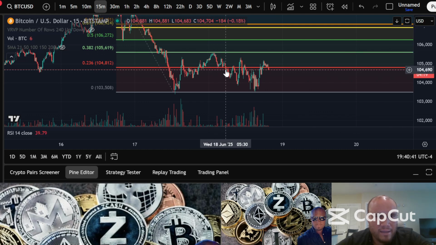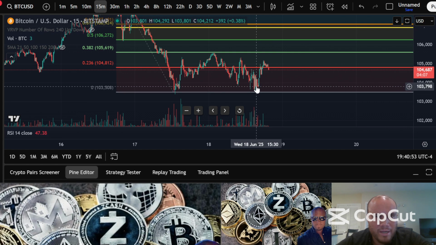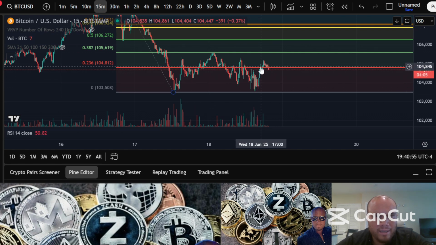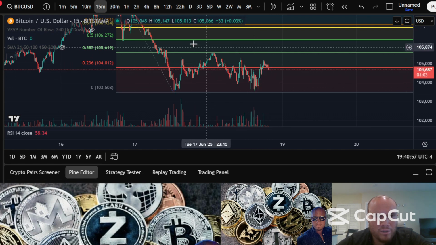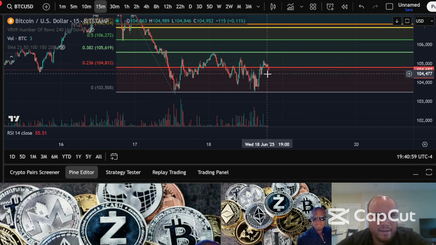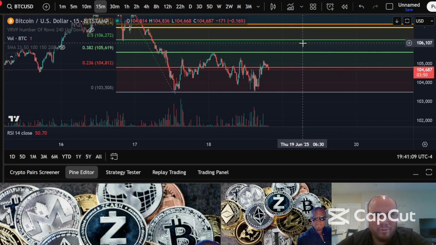And then we came back, and it looks like we're still using 0.236 as support, but also traders are using that to sell and bring it back down to $103,500 Bitcoin. We're probably going to keep on using this 0.236 level as an area of resistance until we're able to flip it into support and start coming back to higher prices.